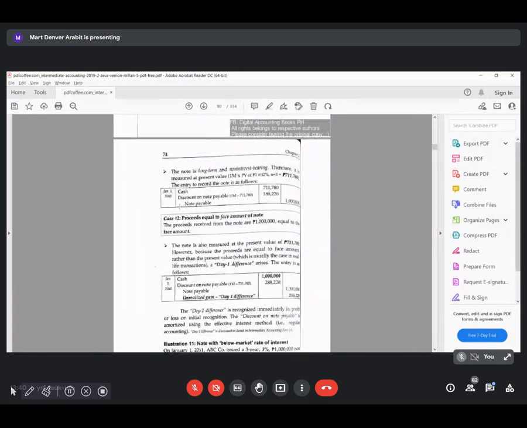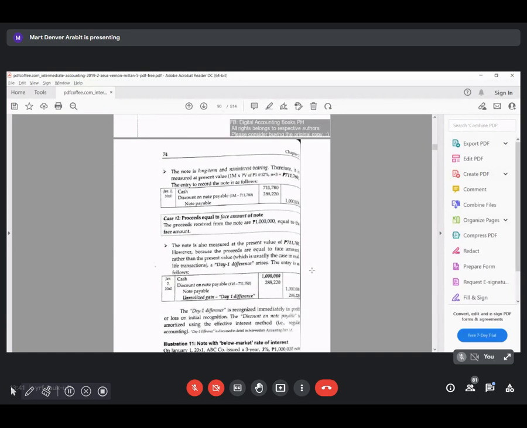Okay, case number 2, proceeds is equal to face amount of note. So the proceeds received from the note is 1 million equal to the face amount. So note that the note is also measured at the present value of 711,780. However, because the proceeds are equal to face amount rather than the present value, which usually the case in real life transaction, day one difference arises.